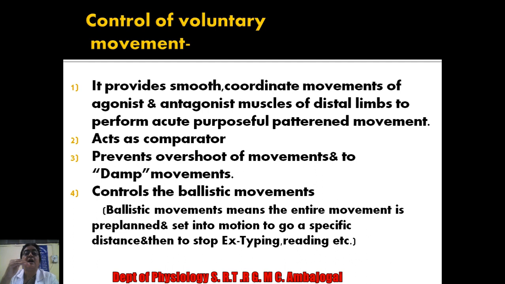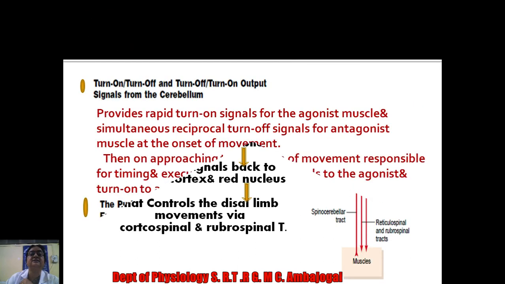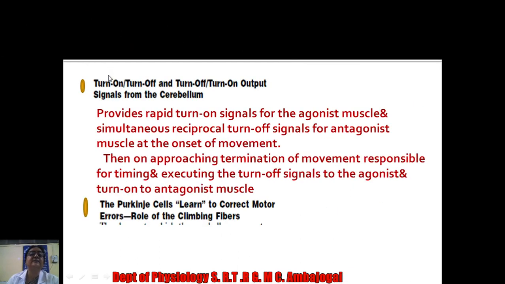This voluntary movement control function is carried out by the cerebellum mainly due to a basic property of its neural circuit. What is that basic property? At the start of the movement it gives a turn-on signal for the agonist muscle and a simultaneous reciprocal turn-off signal for the antagonist muscle.